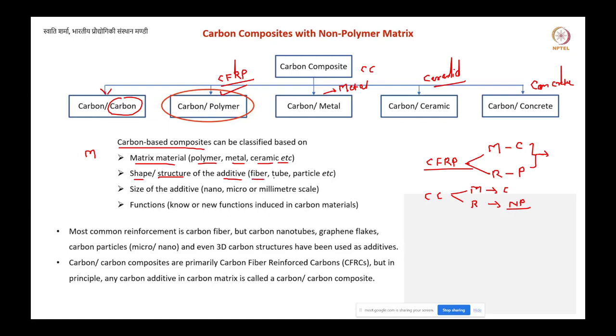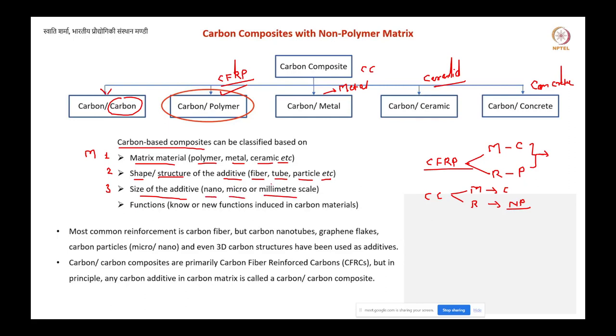It could be a fiber shape, a tube like carbon nanotube, or a particle shape. The third is the size of the additives. You can add any kind of additive at the nano, micro, or millimeter scale.